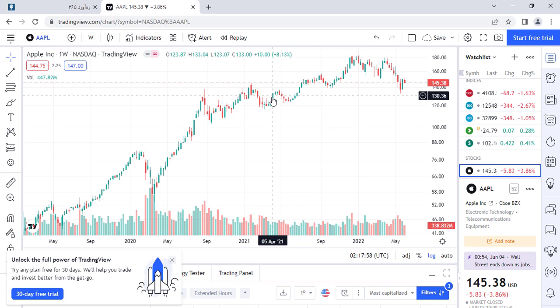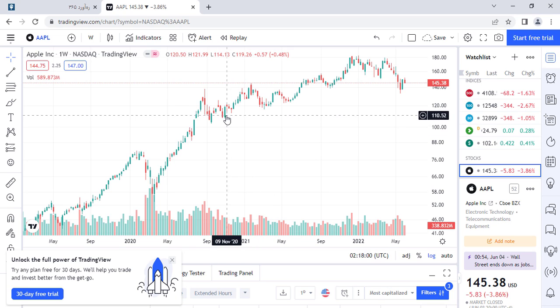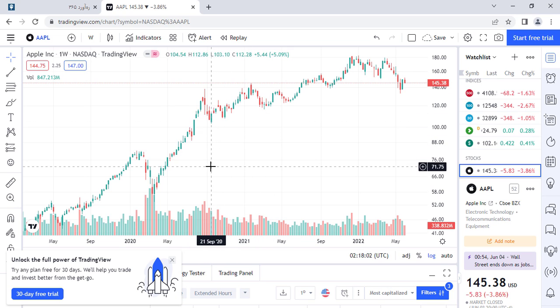This candle is also a powerful candle. This candle is a powerful candle. And this type of candle is the most common candle for the traders. And in the future we will use this type of candle.